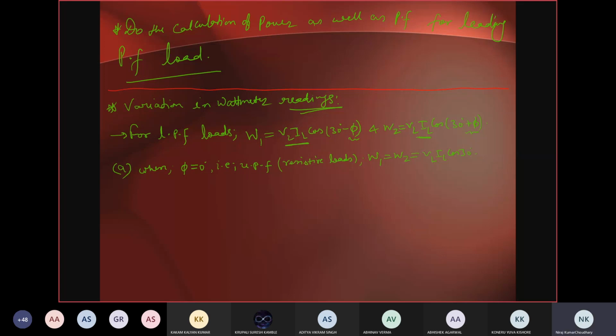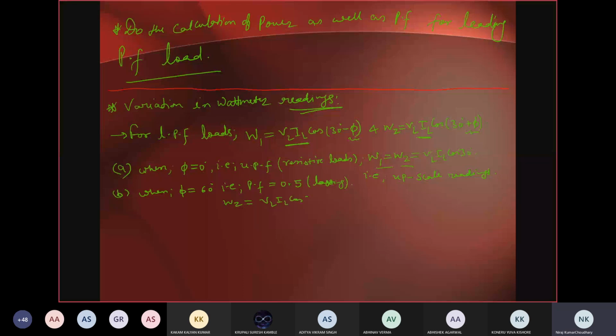Now, second case, let us consider when phi, that is the power factor angle, is equal to 60 degree, which means that your power factor cos phi will be equal to cos 60 degree, that is 0.5 lagging. So in this case, W2 will be equal to VL IL cos 90 degree, which will be equal to 0.